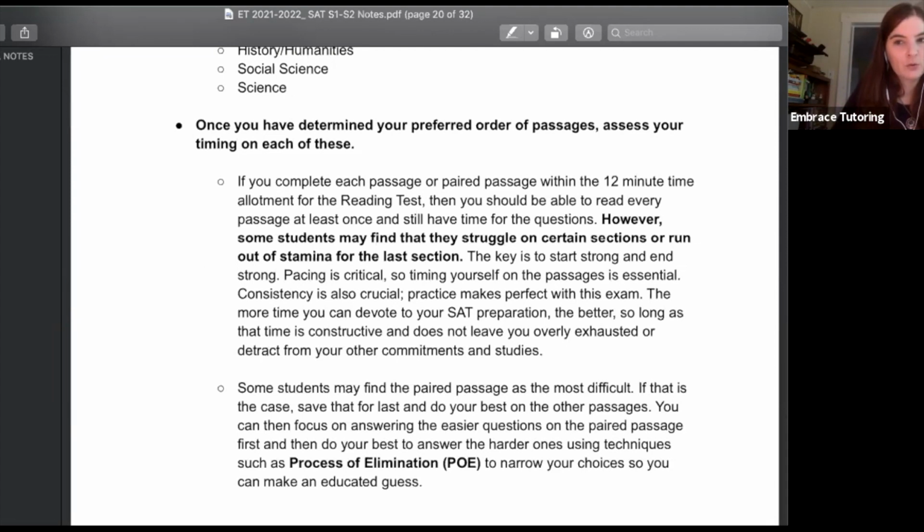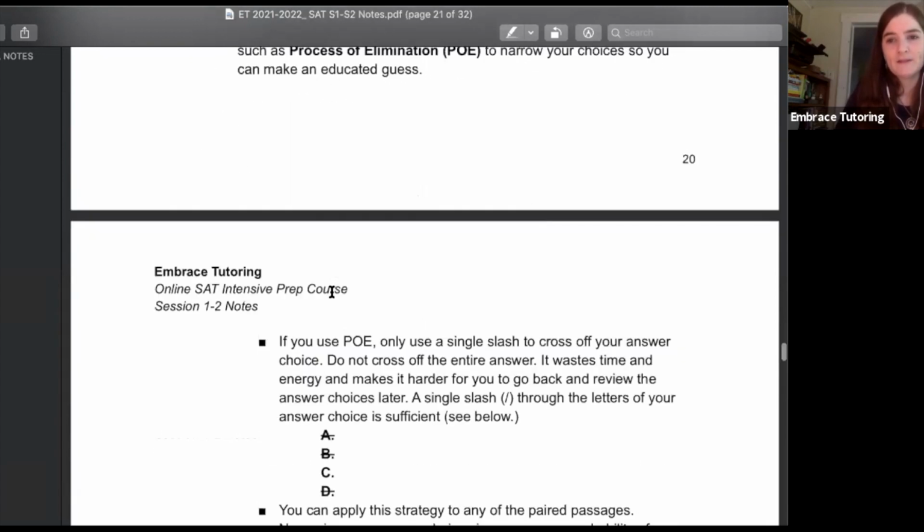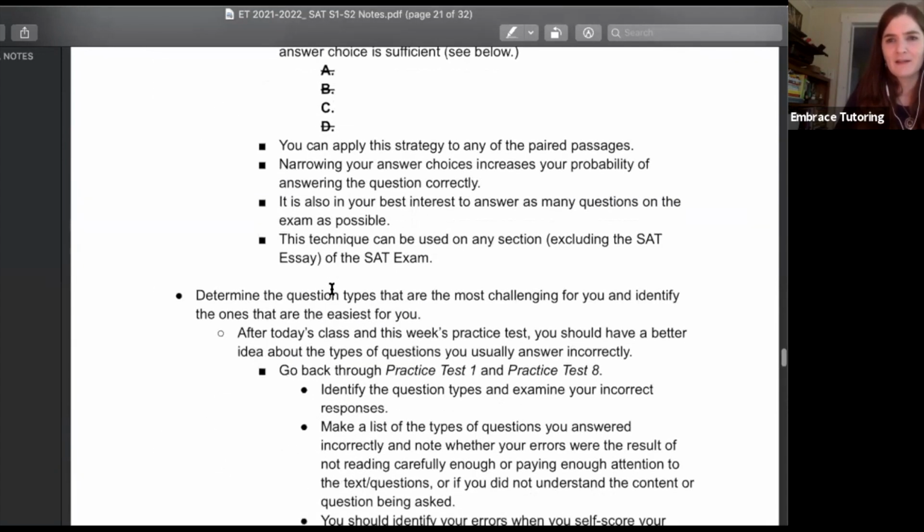If that's not true, please let me know and I can go over the step-by-step process of how to adapt your strategy if you find yourself running out of time, even though it's broken down in this document for you. And I did discuss it, I think, in previous class.